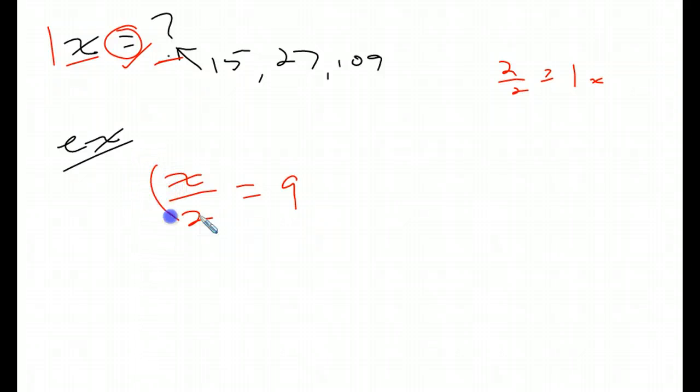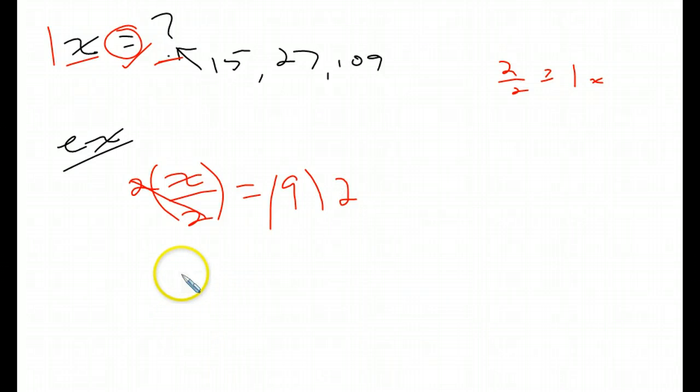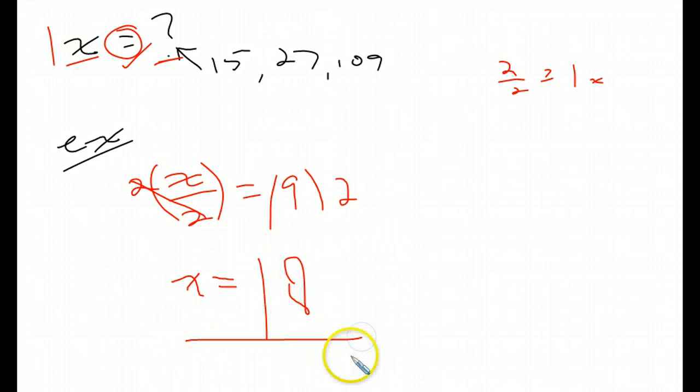So if I multiply by 2, then 2 divided by 2 is 1. Also, what I do to one side, I must do to the other, so I also must multiply this 9 by 2. Well, now I have x equals 9 times 2, which is 18. Whoa, sorry, going crazy on that one.